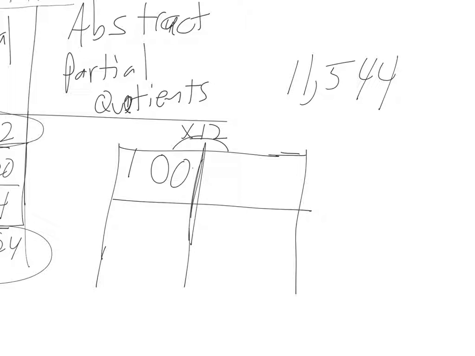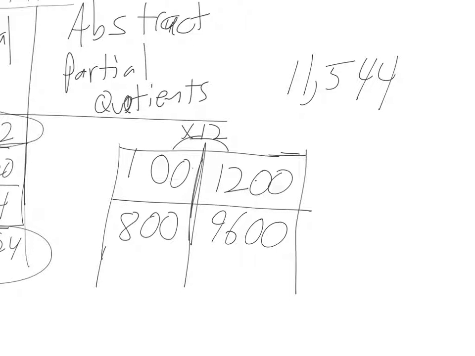So say I do 100 times 12, which would be 1,200, and so I'm working my way up to that. 1,200 doesn't get me that close, but I can think back to what I was already thinking, which was 900 works, so I could do another 800, and that would be 8 times 12, which would be 9,600, and I want to keep track over here.